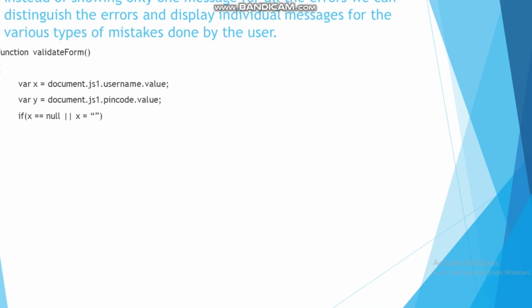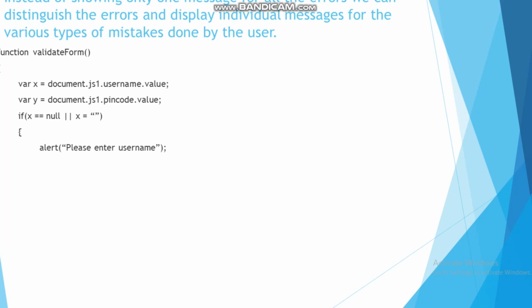Now the first condition is about username. If x double equal to null, where x holds whatever we have typed in username, or x double equal to double inverted commas, then it will show the please enter username message.